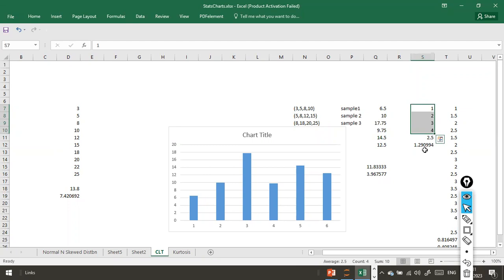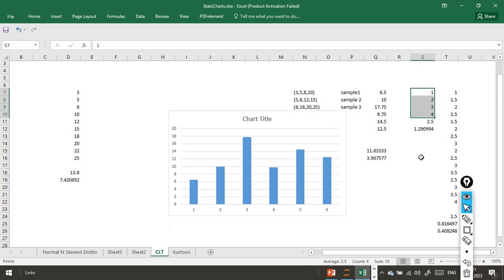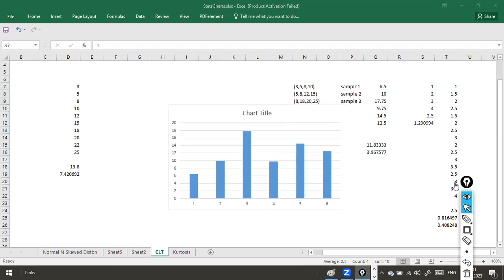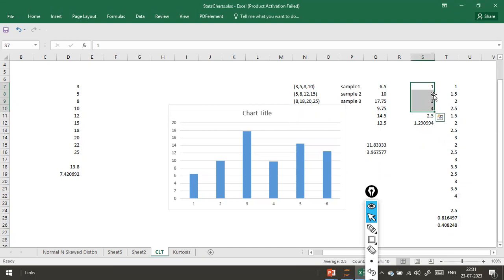Let's say hypothetically I have only 4 values in my population, and each sample size is 2. How many possible combination samples can we draw? 16 possible samples. You need to draw all 16 combination samples, find each sample's mean, and take the mean of all the sample means.